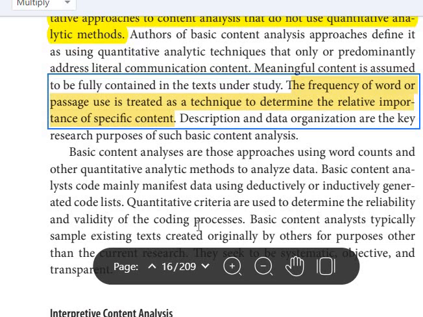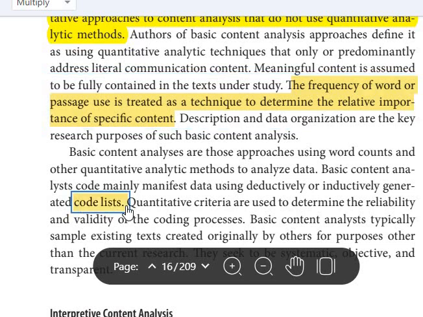Okay, so let's stop here. We should understand then that the basic content analyses use word counts, they use quantitative analytic methods, and they use code lists.